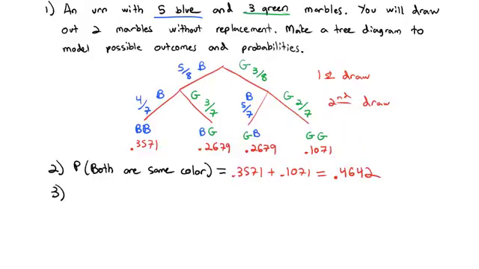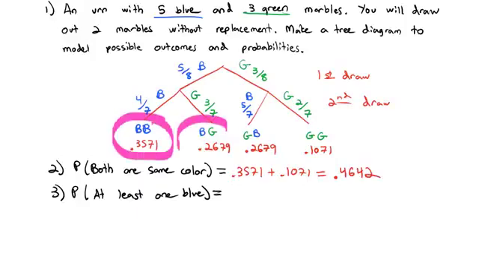One more example. What's the probability that I get at least 1 blue? Now, I could do this a couple ways. One way is I could say these first 3 options each have at least 1 blue.